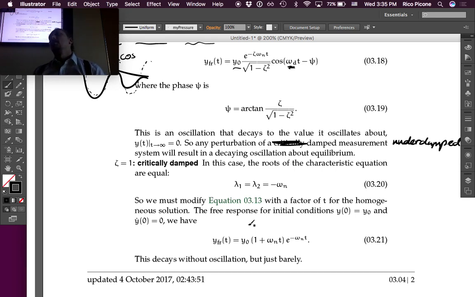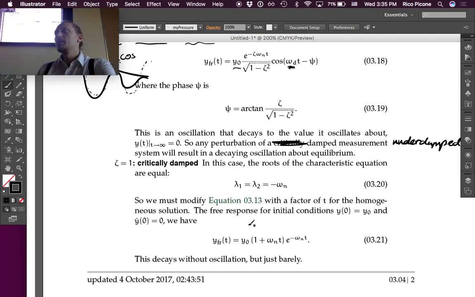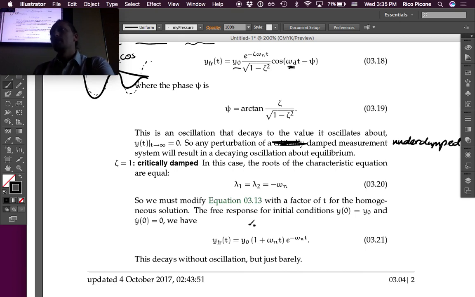Yeah, it's because you're only left with one solution, and you need to have multiple distinct solutions.